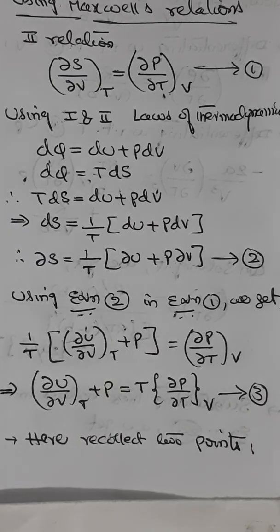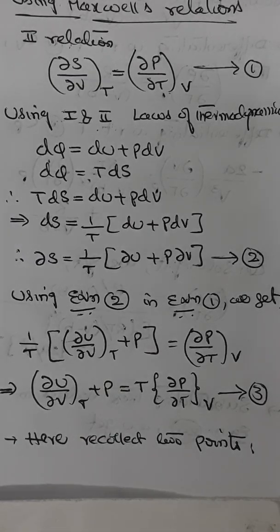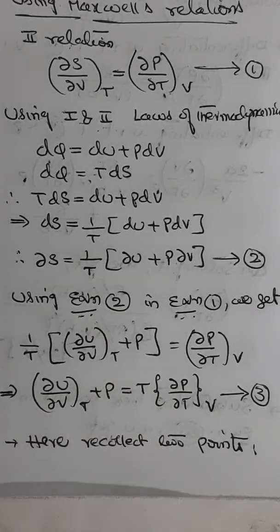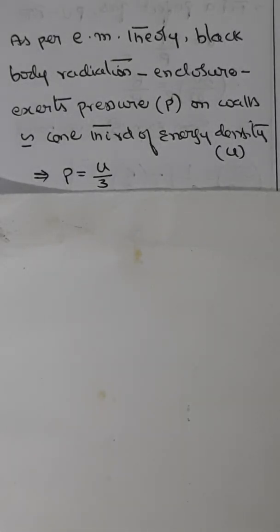Now here we have to remember or recollect two points. First, according to Maxwell's electromagnetic theory, the black body radiation in an enclosure exerts a pressure P on the walls which is equal to 1/3 of the energy density u.